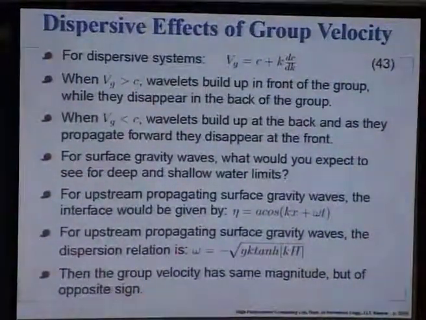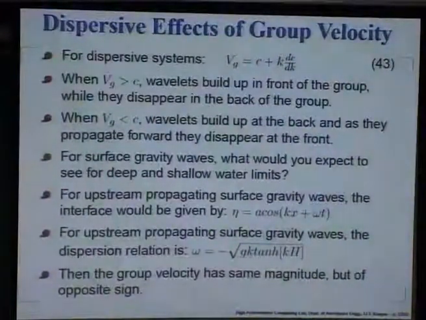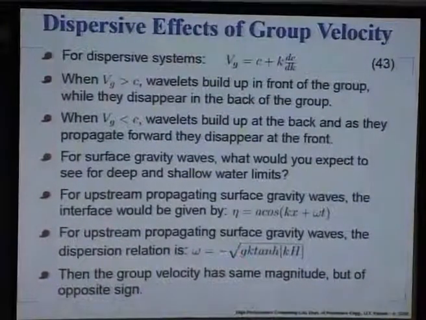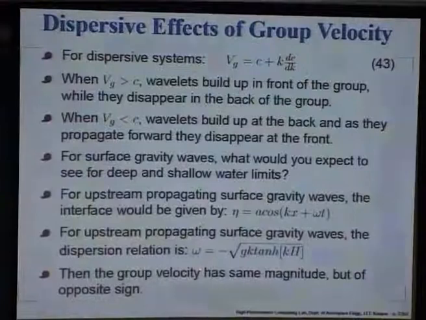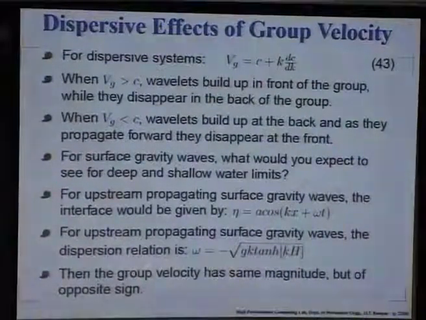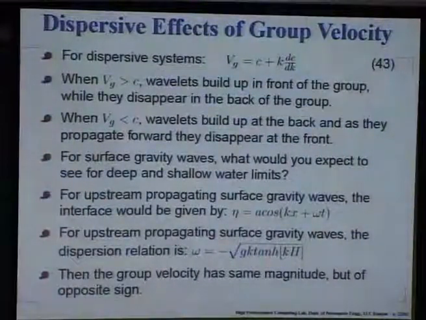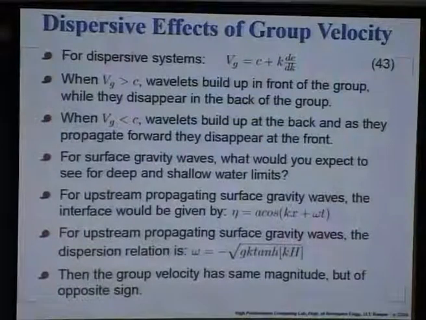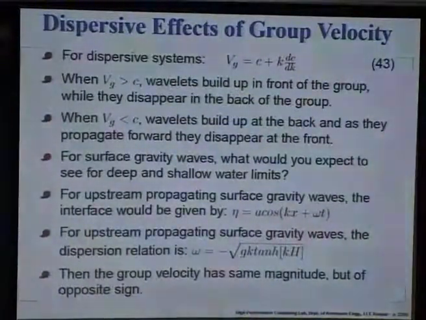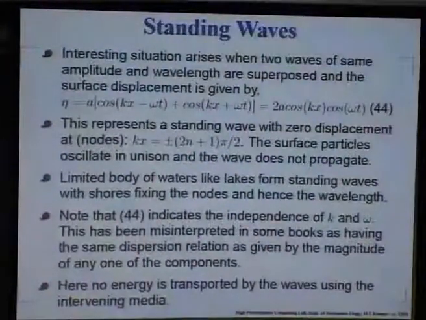And what happens? You go through the same analysis that you had done, and you would find the dispersion relation appears with a negative sign. It is just that difference. Okay. Now, calculate the group velocity by taking its derivative with respect to k, and you would find the magnitude remains the same, but it appears with the opposite sign, and there is nothing wrong in that simple observation.